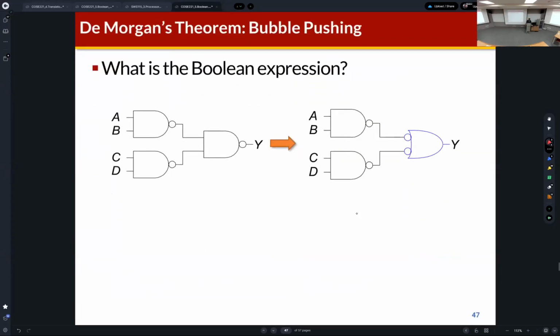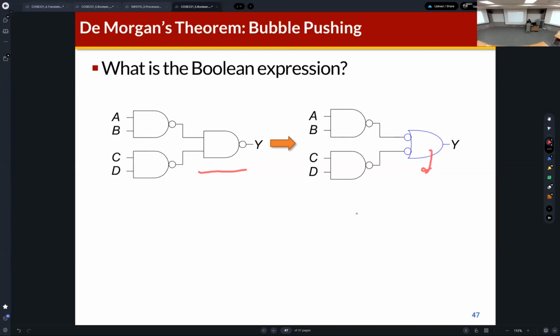Then we can change this gate like this. If you see this NAND gate here, by applying the De Morgan theorem, the bubble is moved to the two inputs of this AND gate, and this gate is changed to the OR gate. What can you observe?